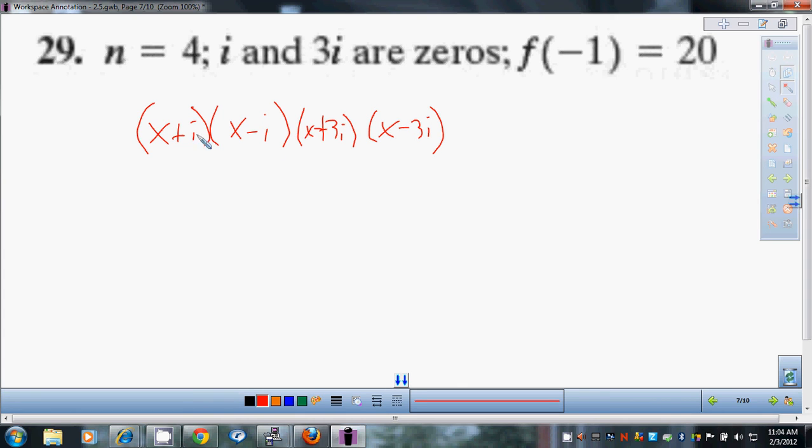What number is in front of these i's? 1. Again, the trick whenever you're foiling i's like this, it'll be x squared plus that number squared. x squared plus that number squared. Foil that out.